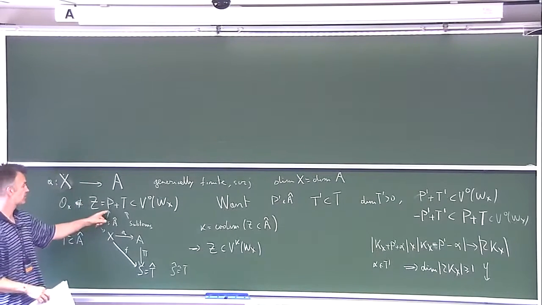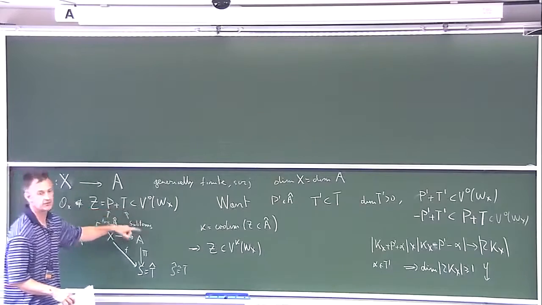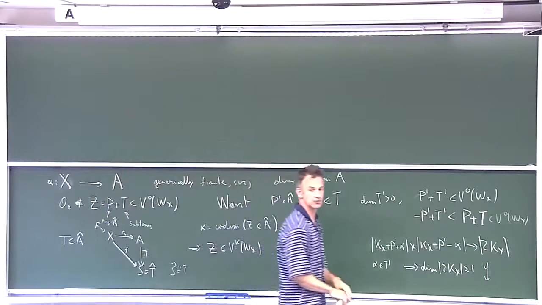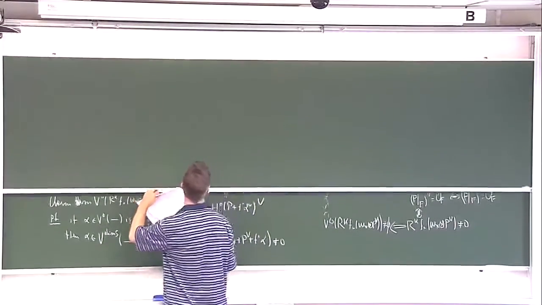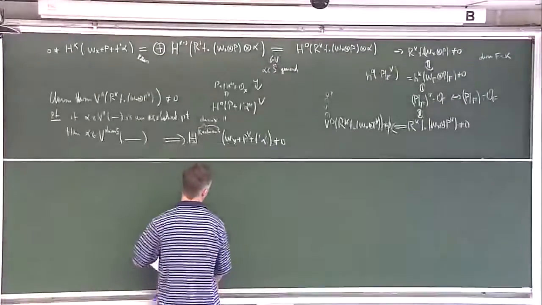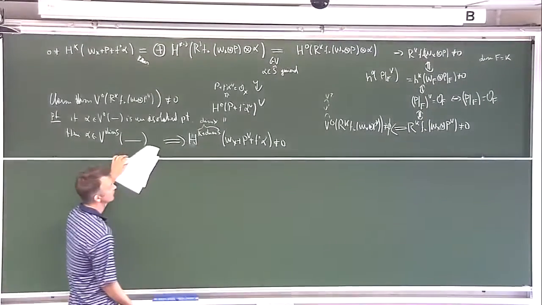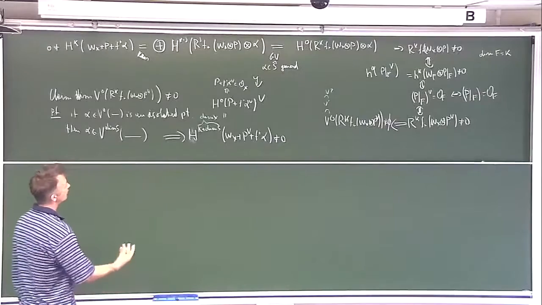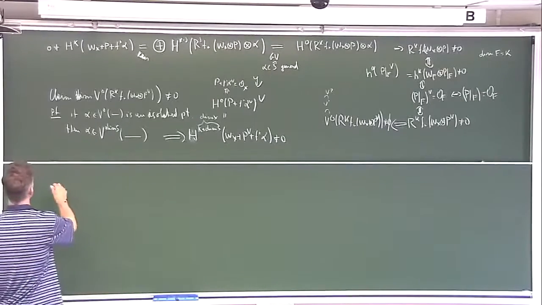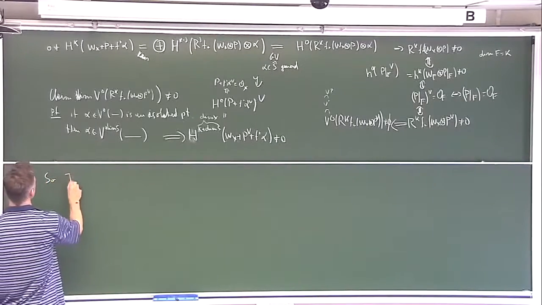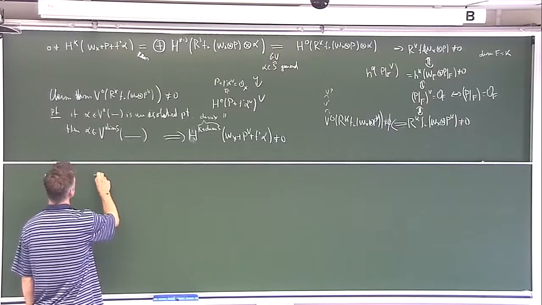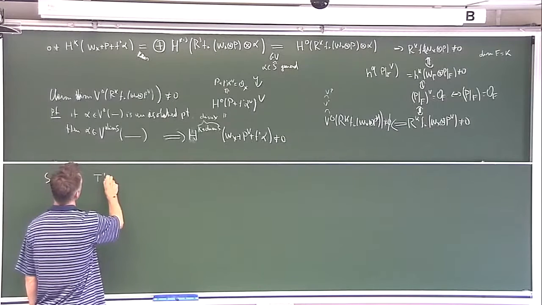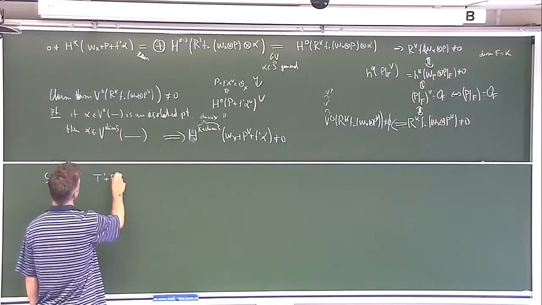Right? So it cannot be of the form P plus some alpha. So that's impossible. Contradiction. Okay, so there exists a component, let's say T prime plus P dual.